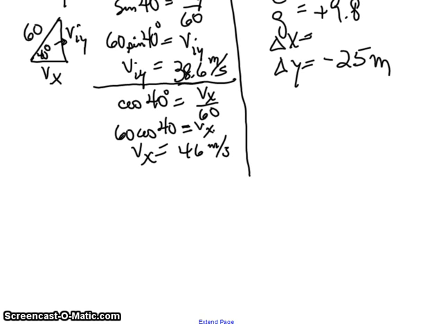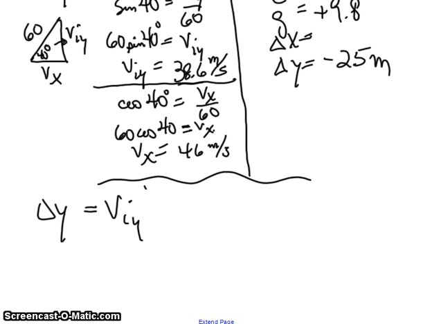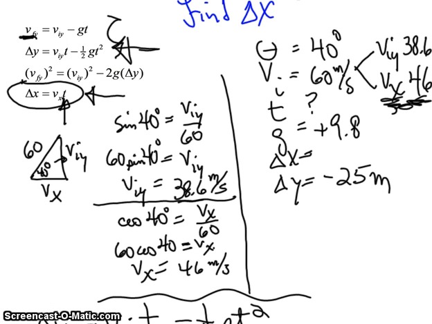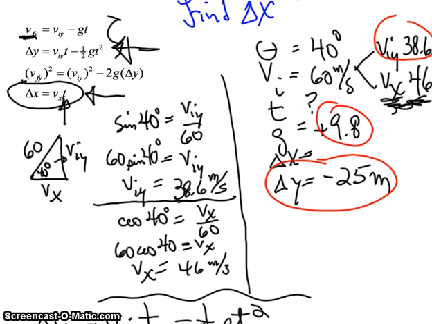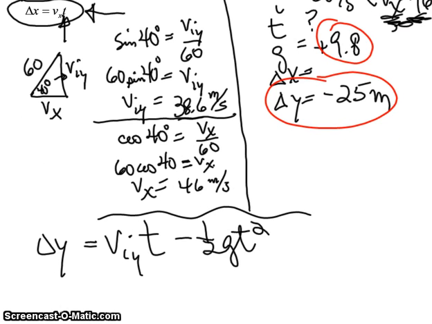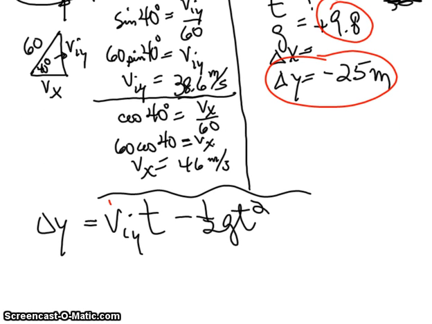And so we now have delta y equals v initial y t minus 1/2 gt squared. So from before, we could see that we have v initial y, we have g, and we have delta y. Those are three variables in this equation.